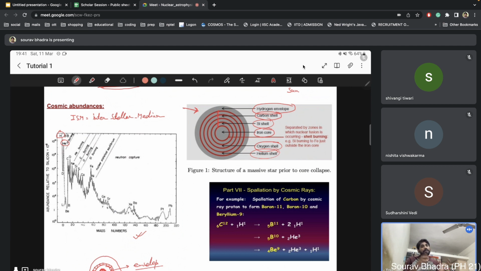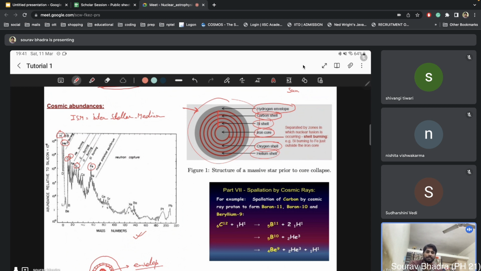The elements have been created within the star, and now they have been deposited in the ISM due to the supernova. That's why you can see this iron has a high peak, and silicon, carbon, oxygen, all these elements created in this shell structure have been deposited in the ISM. So that's why the elemental abundance of these elements is quite high.